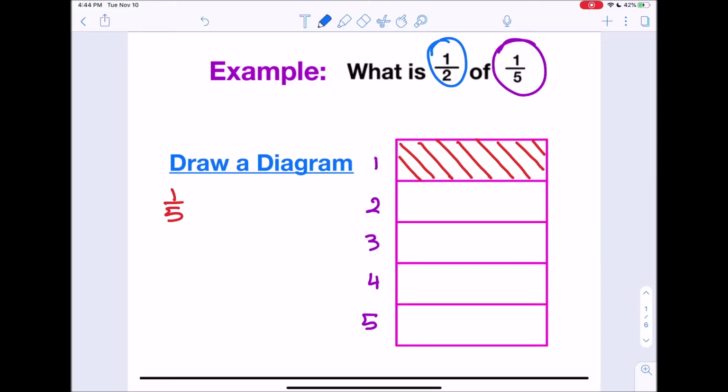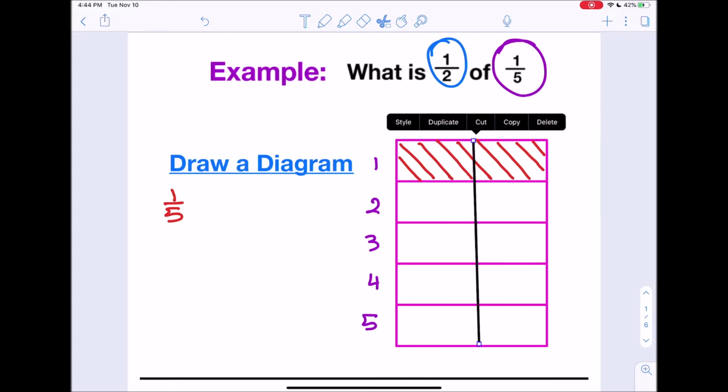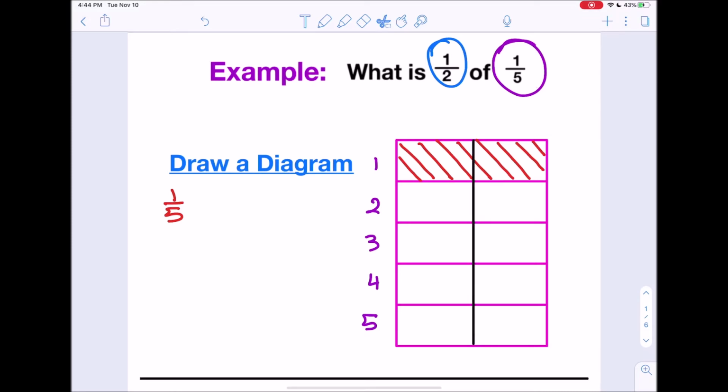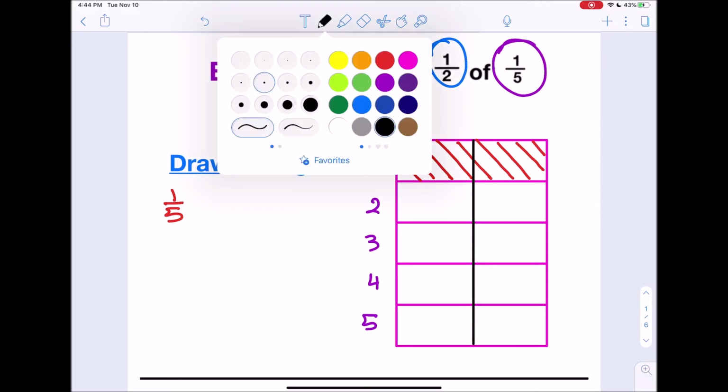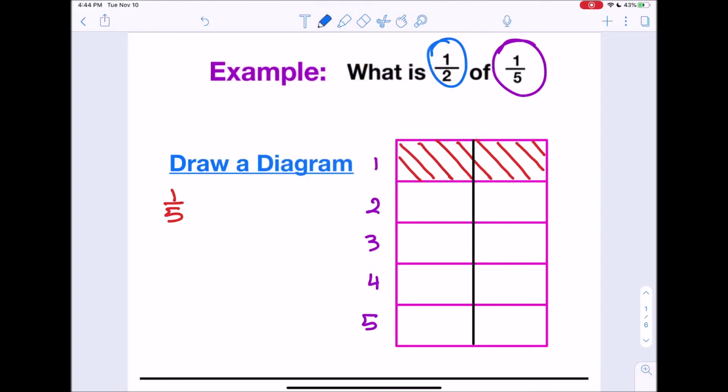So if I'm multiplying this by a half, that means I'm going to take my rectangle and split it down the middle in half. Okay, and now I'm going to take blue to represent the 1/2.